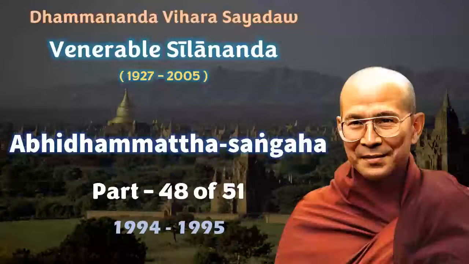The manual states that all 24 conditions can be included in 4 conditions: object, decisive support, karma, and presence. Well, aramana, upanisaya, karma, and ati.